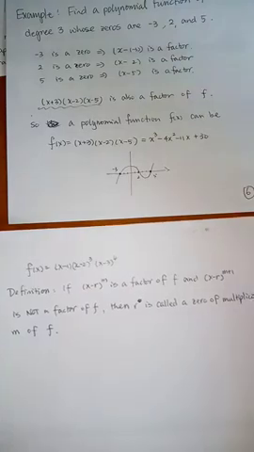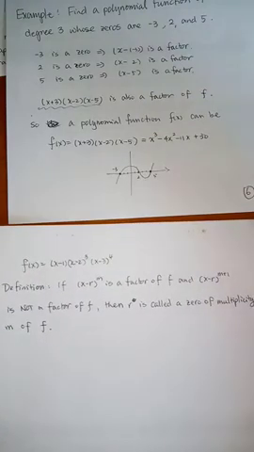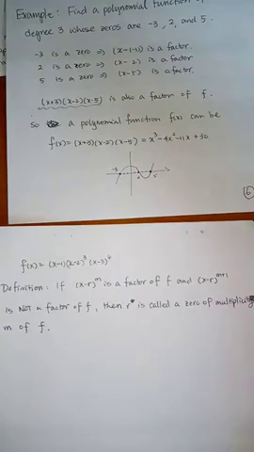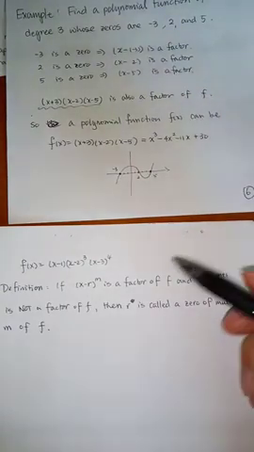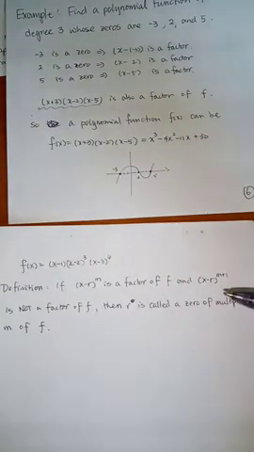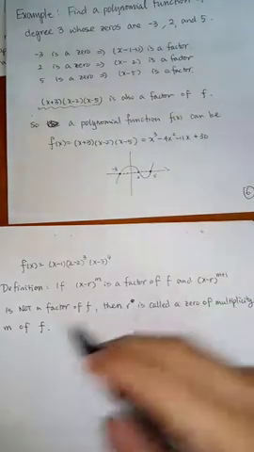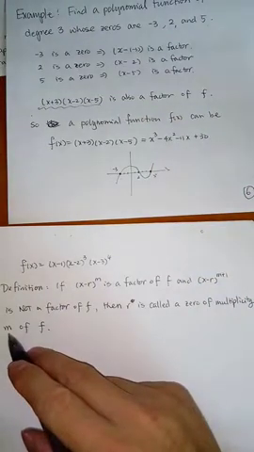So we just give it a multiplicity. A multiplicity of 2 means it appears 2 times. Multiplicity 10 means it appears 10 times. If this multiplicity is greater than 1, we say it's repeated.